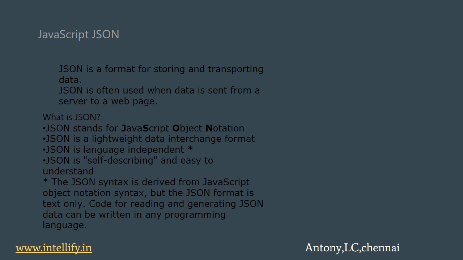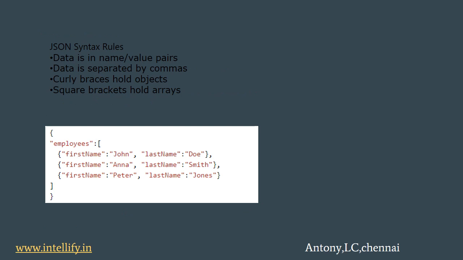Code for reading and generating JSON data can be written in any programming language. JSON syntax rules are: data is in name and value pairs, data is separated by commas, curly braces hold objects, and square brackets hold arrays. So we can see here the square brackets hold the arrays and the curly braces hold the objects. So this is how the JSON syntax should be.